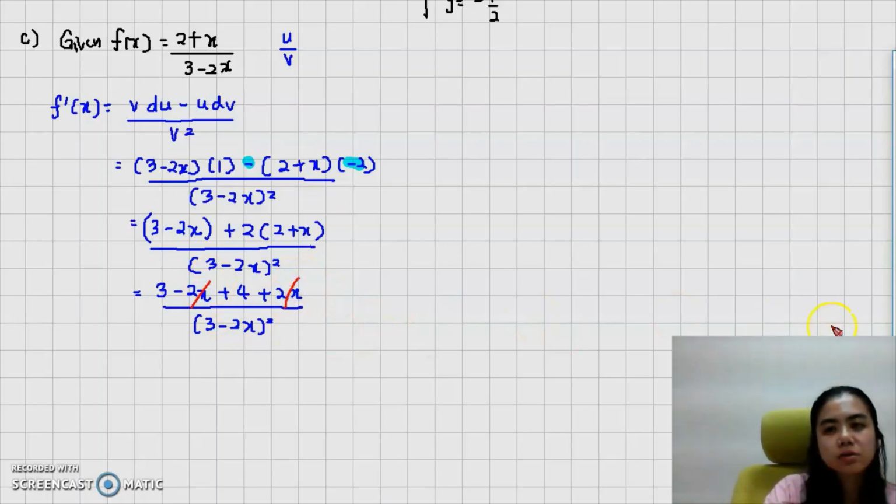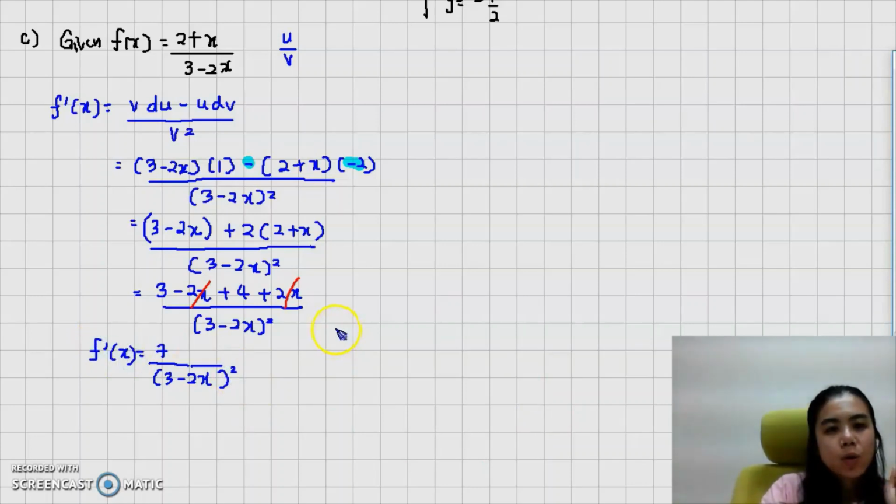When you cancel out, what do you get? You got 7 divided by 3 minus 2x squared. So that is your f prime.